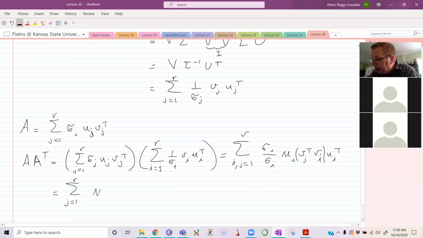So you're left with uj, which is the projection onto the image of A. Because the image of A is the span of u1 through ur.